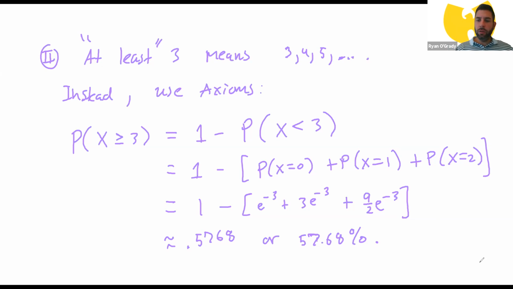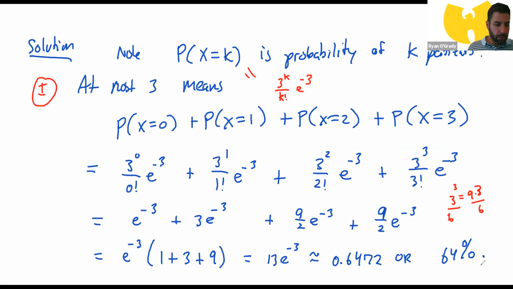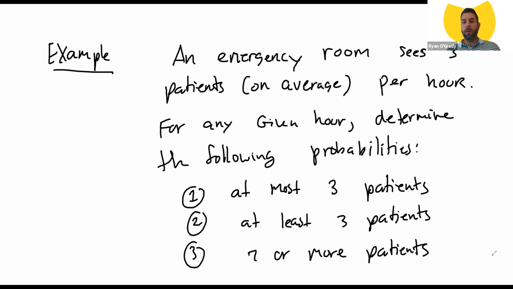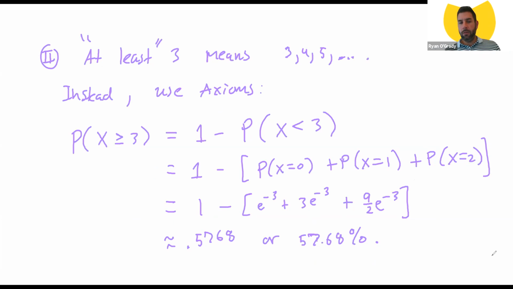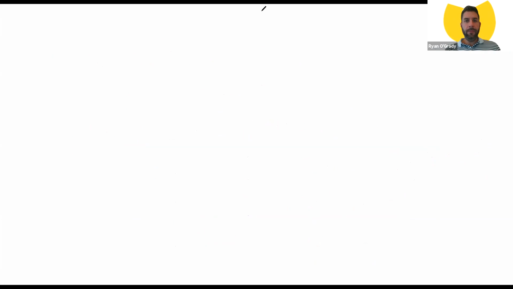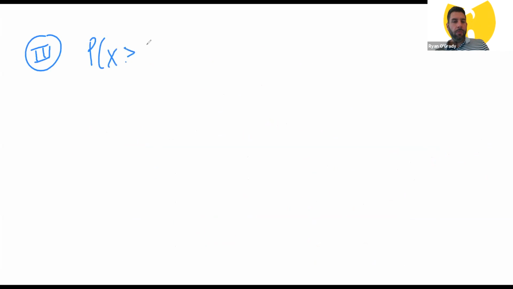Now, the last one is really a pain. So what I'll probably do is just set it up and say, if you want to suffer through it, suffer through it. Because the last one I said 7 or more. So how would we write that? Well, yikes, that looks like insanity. For this part, you'd want to know when the random variable, the number of patients, is going to be 7 or more.